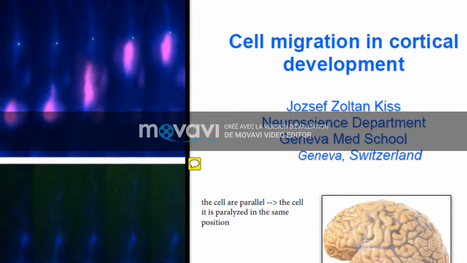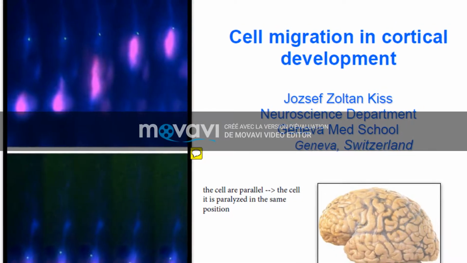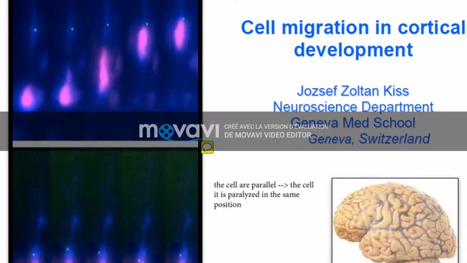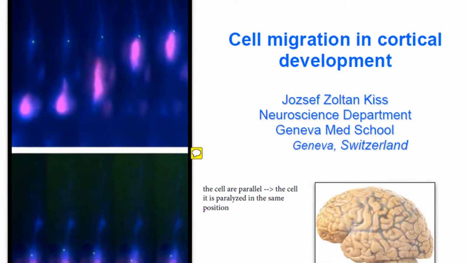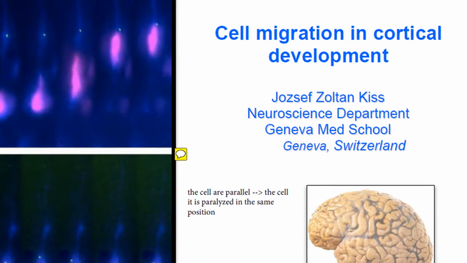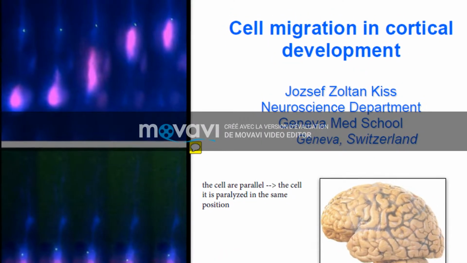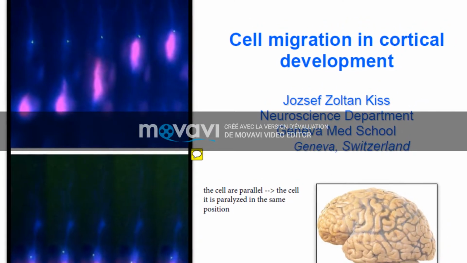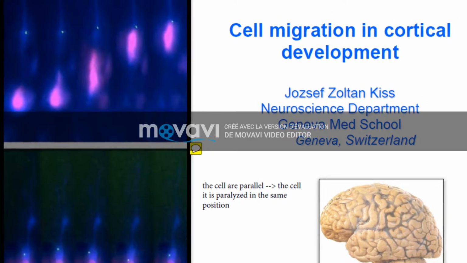So 2 events will precede this extraordinary migration. And now it's important to emphasize that, as I showed you in the time-lapse video, I will use radial migration as a principal subject today because it's so interesting, and we are not talking about other types. So I am talking about radial migration, and I'm talking about pyramidal cells, only pyramidal cells.